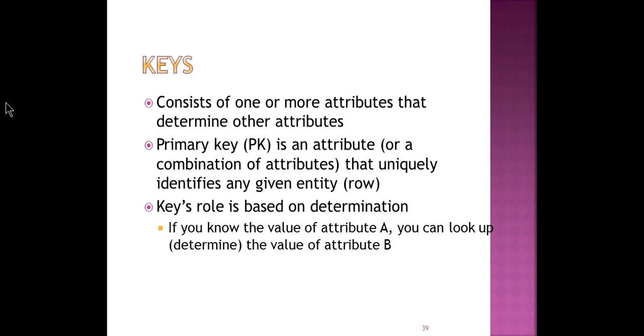Keys mean a set of one or more attributes that determine other attributes. The primary key may be one attribute or a combination of many attributes that uniquely identifies a row in the table or one entity in an entity set.